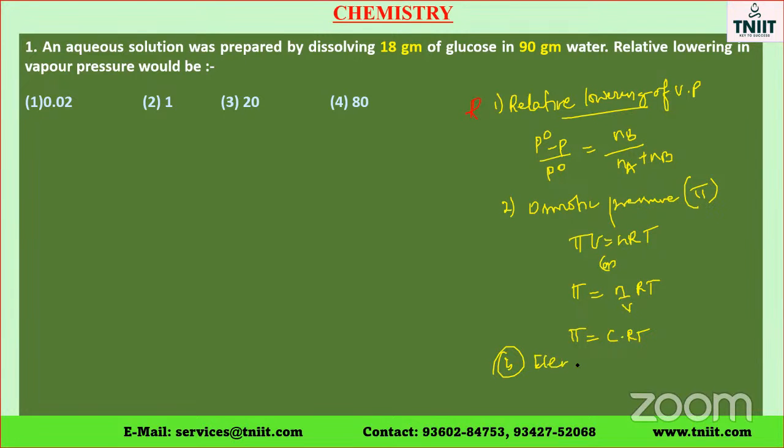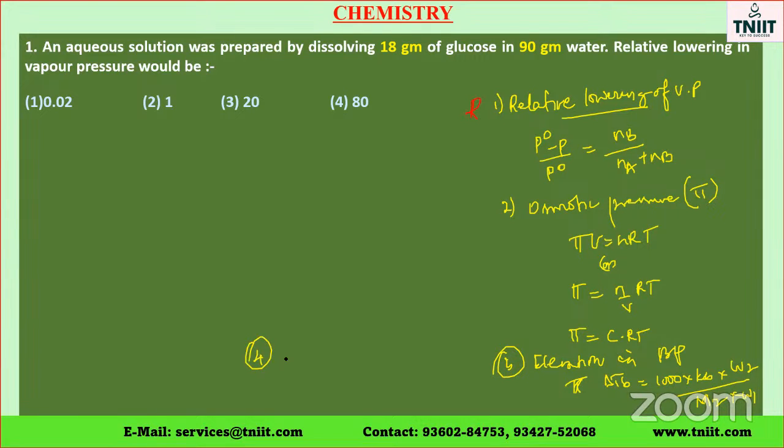The third is elevation in boiling point, represented as delta Tb. Delta Tb is equal to 1000 into Kb into W2, the weight of solute, divided by M2, the molecular mass of solute, into W1, the weight of solvent. This is the formula to calculate elevation in boiling point.